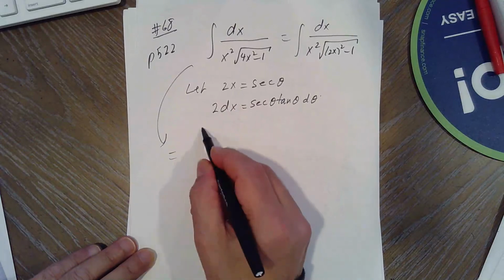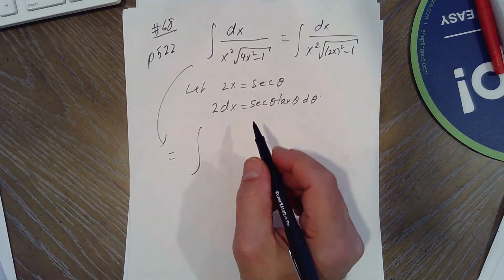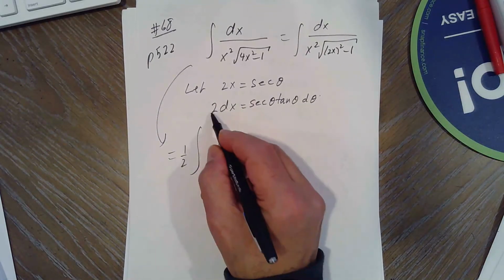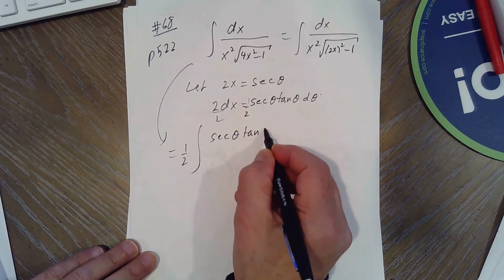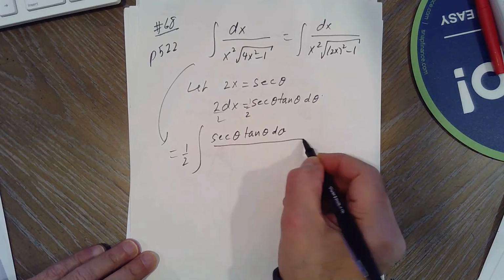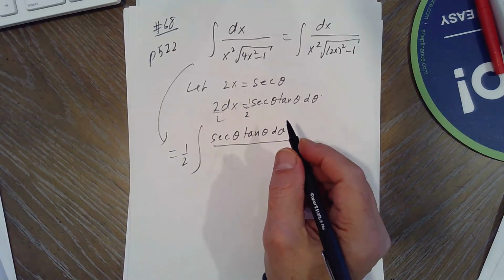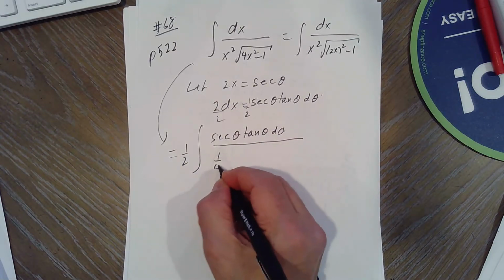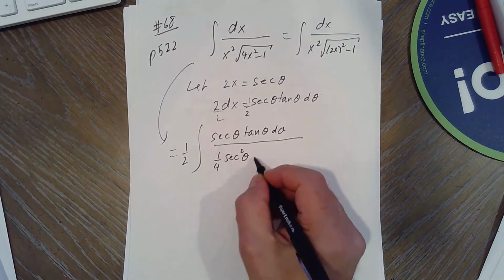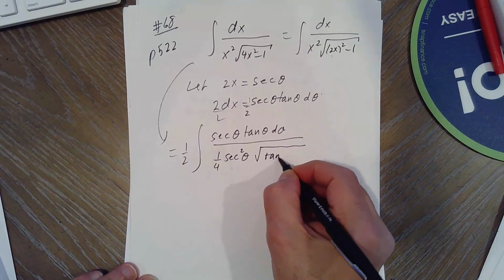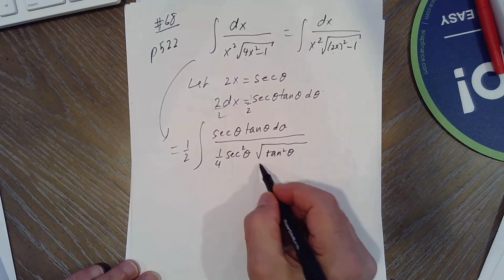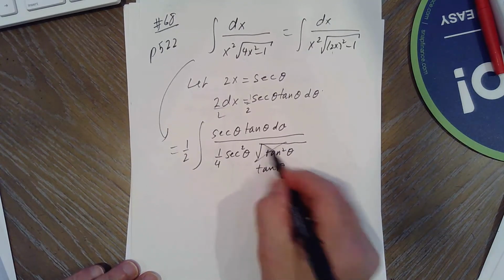So this would equal the integral of 1/2, because we divide by 2, secant theta tangent theta d theta over x squared, which is secant squared over 4, and then the square root of secant squared minus 1, which is tangent squared, so the square root is tangent.